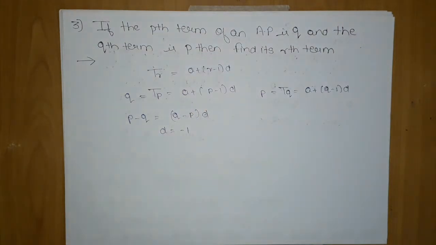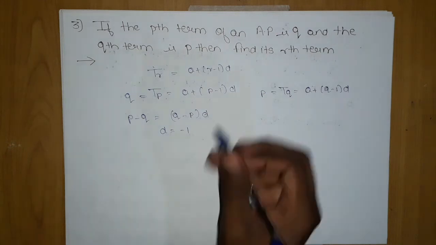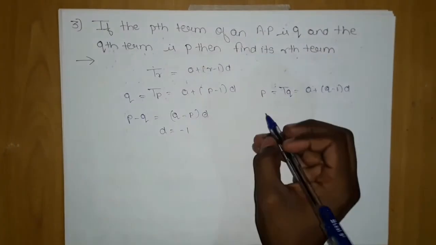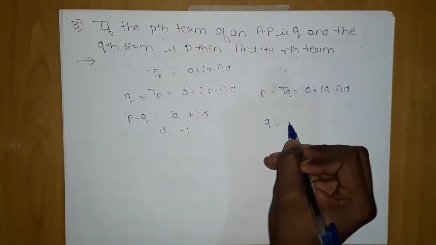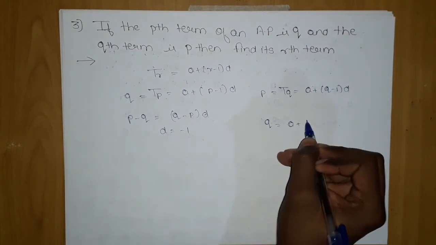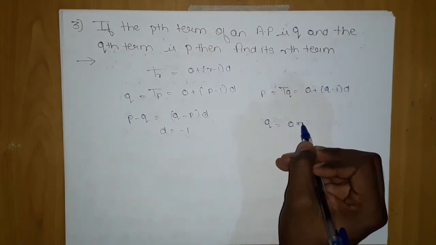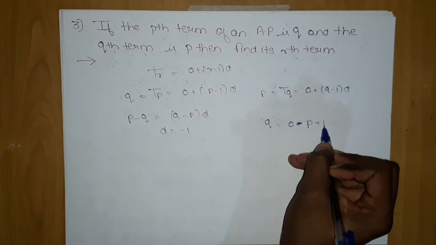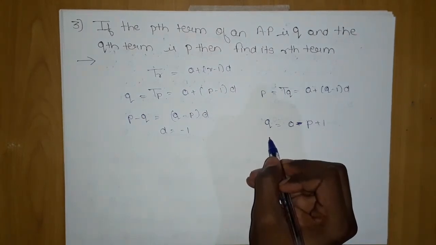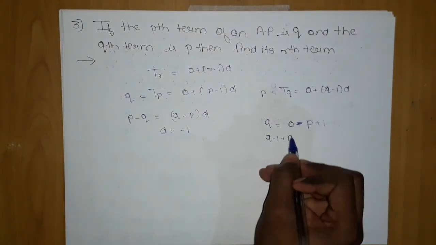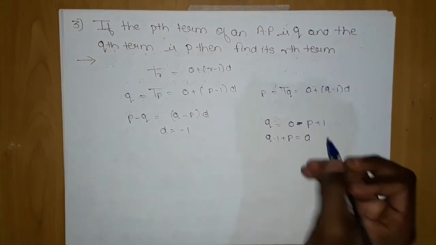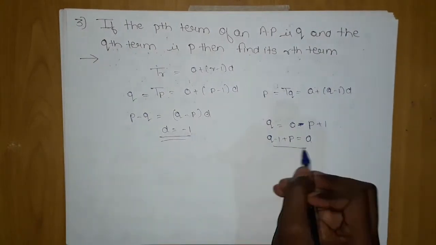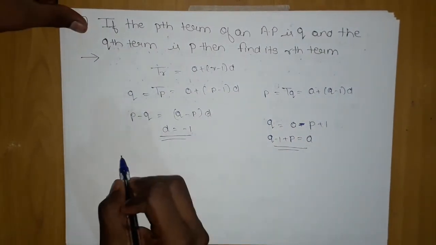Now I got D equals minus 1, so can I calculate A from here? Q is equal to A plus minus 1 times, so it will be minus P plus 1. So I'm getting Q minus 1 plus P should be A. So I got D, I got A. Let's put these values and get TR.